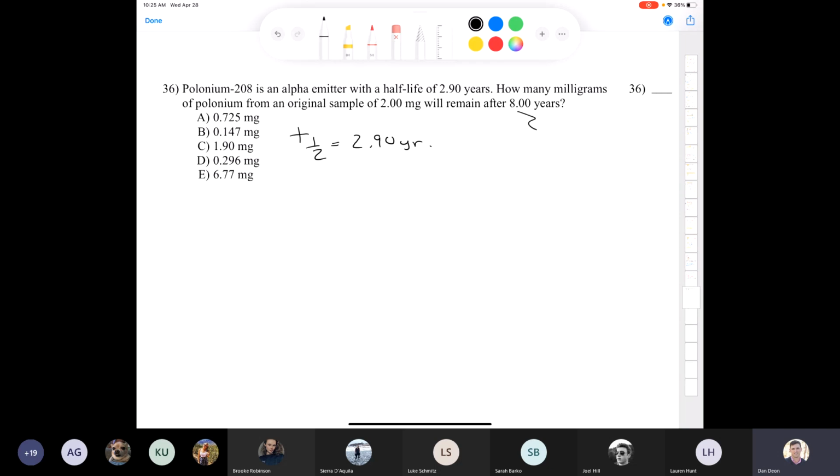So we have the amount of time, and all we're trying to figure out is the ratio of the amount that remains after a certain amount of time divided by the initial amount. In order for us to use the formula, the ln of the amount after a certain amount of time divided by the original amount is equal to negative lambda times t, we need to have lambda first.